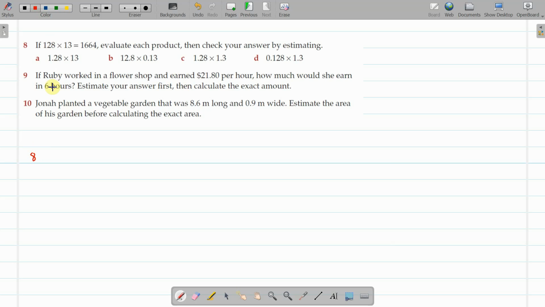Okay, number 8. If that equals that, evaluate each product and check your answer by estimating. Oh, okay. If that equals that, well, our answer is going to have those numbers in it, because we've got 128 times 13 and all of them. Yep. Okay. So part A, we've got 1664. But how many decimal places? 2.